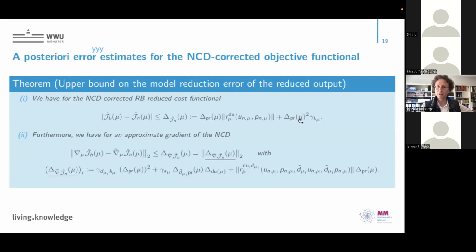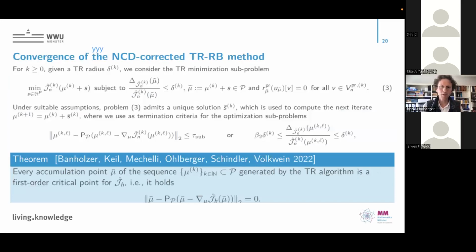And here you have the a posteriori error estimate of the primal squared. And the same holds true if you go towards the gradient of the objective functional. Then you can also derive, in a quite lengthy calculation, such optimal a posteriori error estimates, and they are all in the fashion that we are used to in reduced basis methods, which means that they can be efficiently offline-online decomposed.